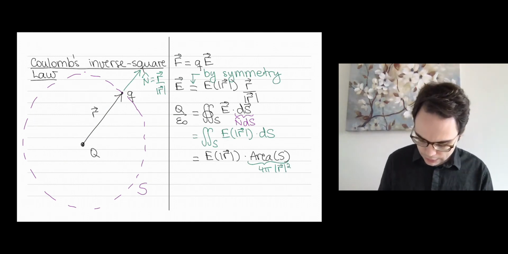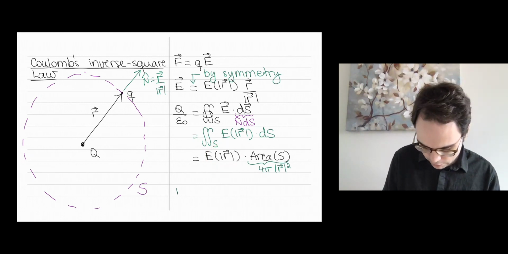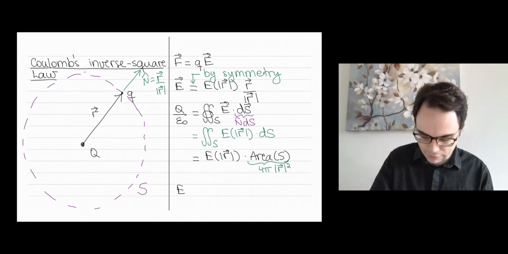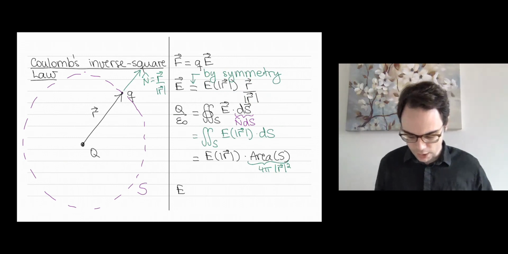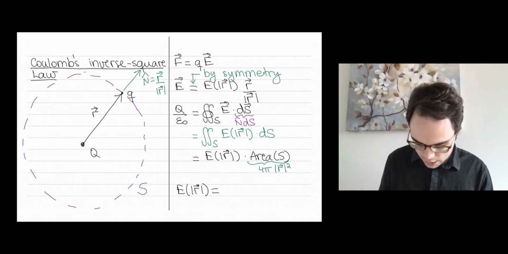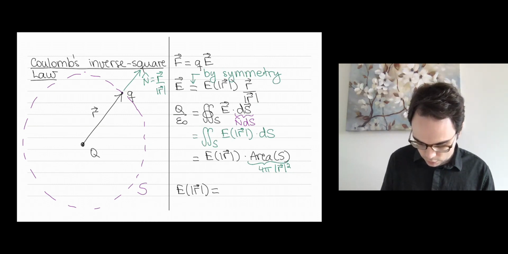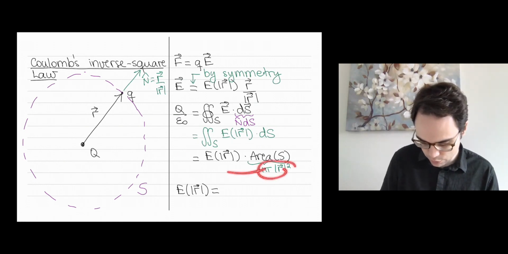So our conclusion here is that E of r, the magnitude of the electric field, well, it's not really the magnitude, there's this number in front of the direction here. The scalar form of the electric field, if we put this together, is going to be, there's a 4 pi, so I just bring this to the other side, right?